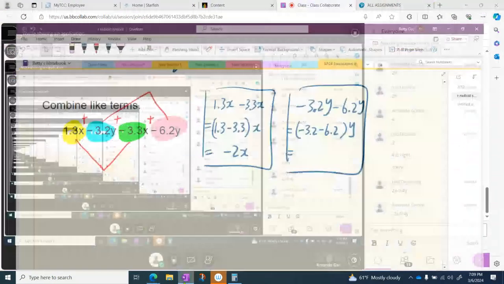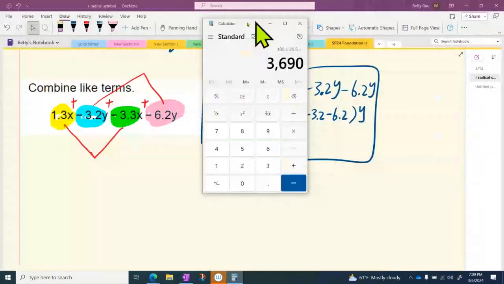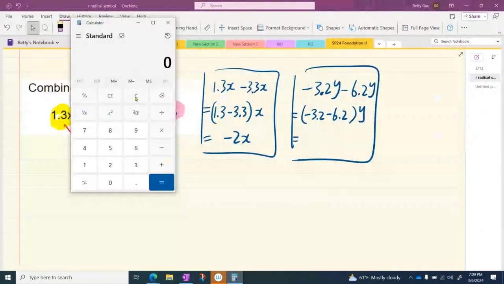Hold on. Also, make sure that you clear the data in your calculator before you enter new values. So negative 3.2, yeah, negative 3.2 minus 6.2, negative 9.4.